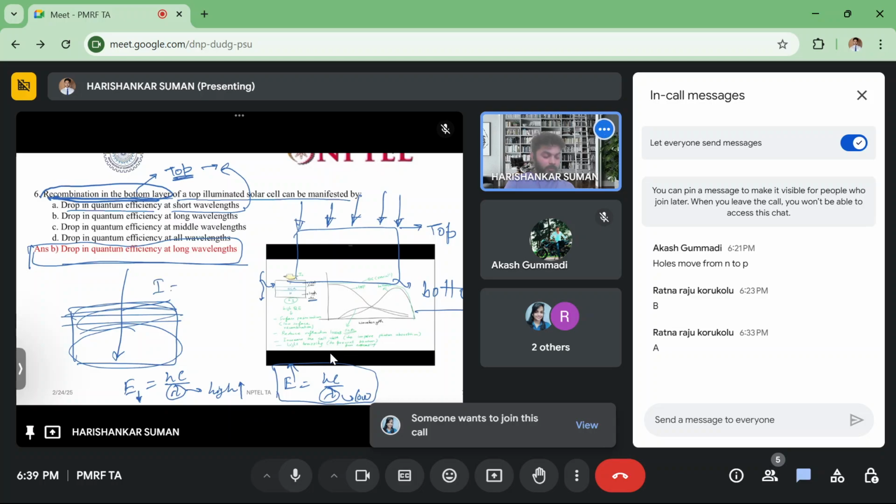You know, I equals I naught e to the power minus alpha x, where alpha is the absorption coefficient. So this relation will be used to determine the depth of penetration of the light.